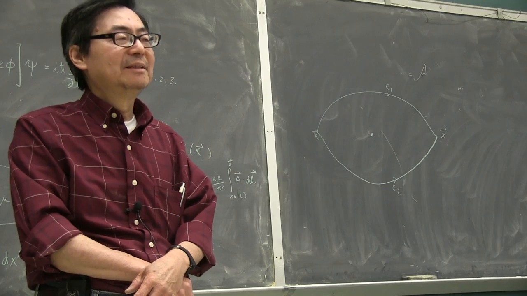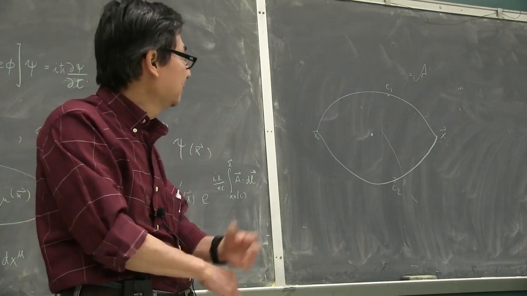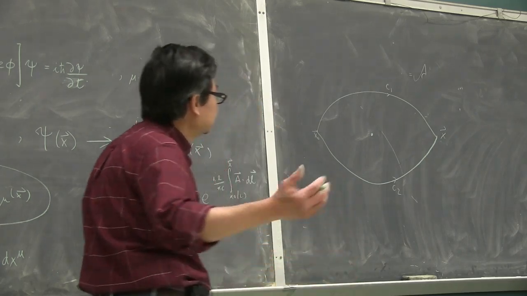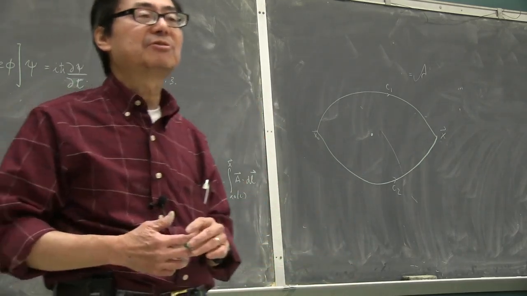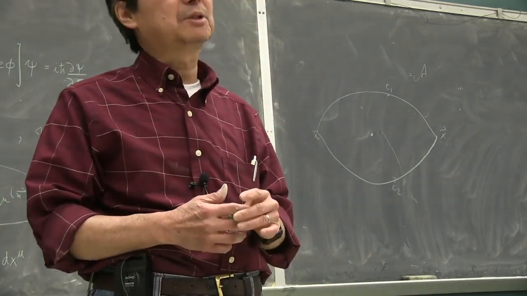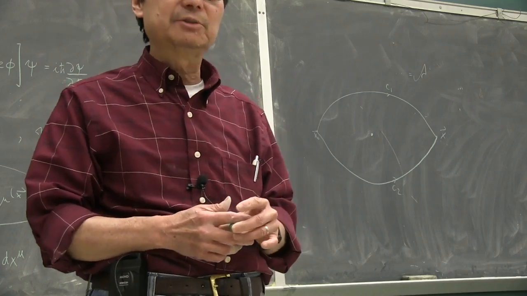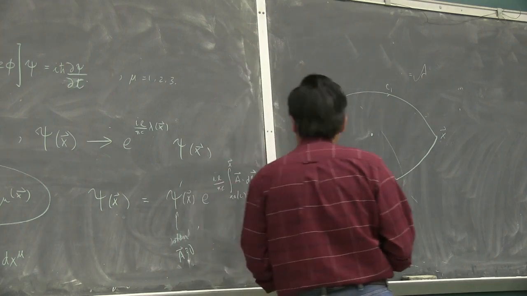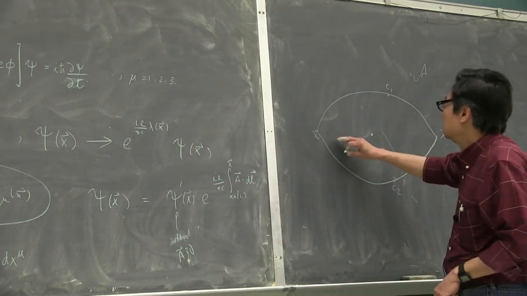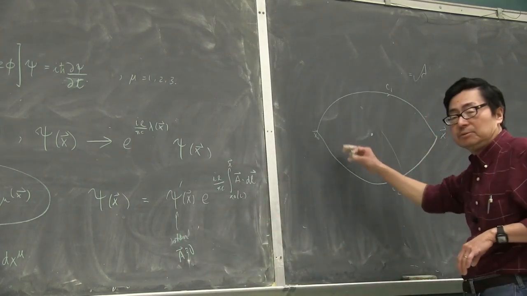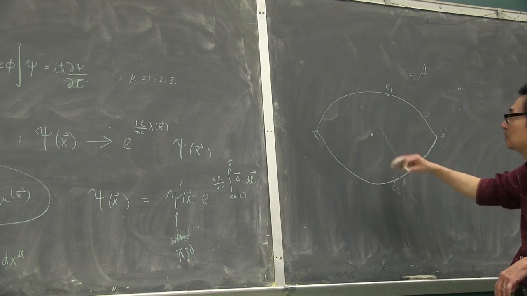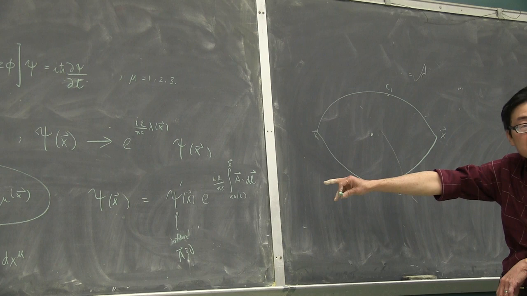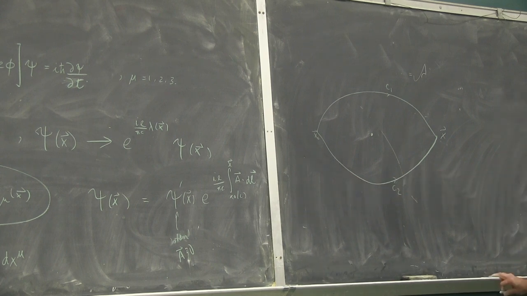So for either of these two paths, the magnetic field doesn't affect the classical electron. But quantum mechanically, that's a different story altogether, because, as you see, the A here is not 0. When you do the integral over these two paths, it depends on the path.